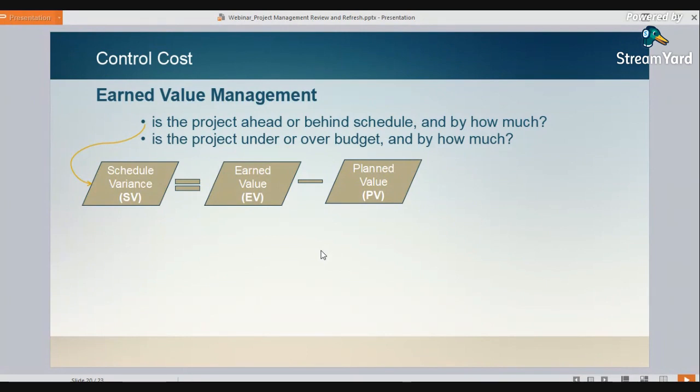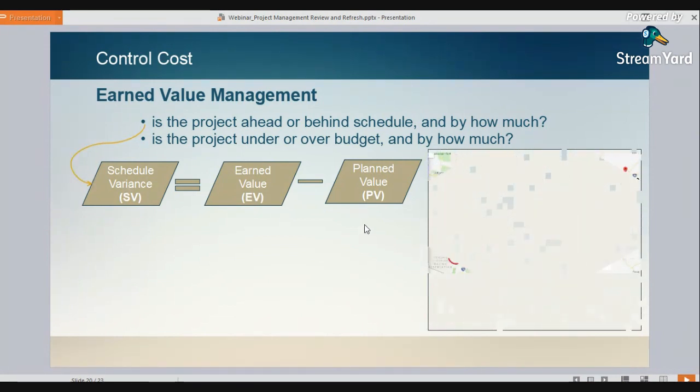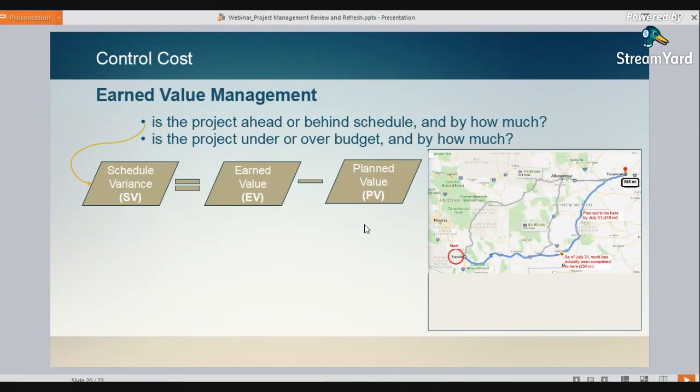Earned value is what have we earned? What do we have to show for our time spent on the project? What work has been completed? Versus planned value, what did we plan to have completed by this point in time? Let's look at it in terms of a little example.